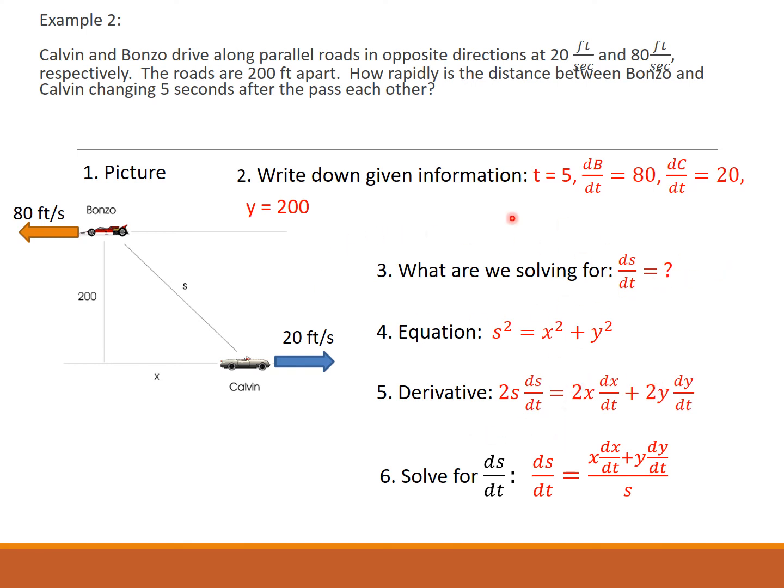From part 3, we know we want to look for ds/dt, so we're going to solve it. We divide by 2s to get ds/dt by itself. These 2's all cancel, and we just get an s on the bottom. So ds/dt is equal to x dx/dt plus y dy/dt, all over s.